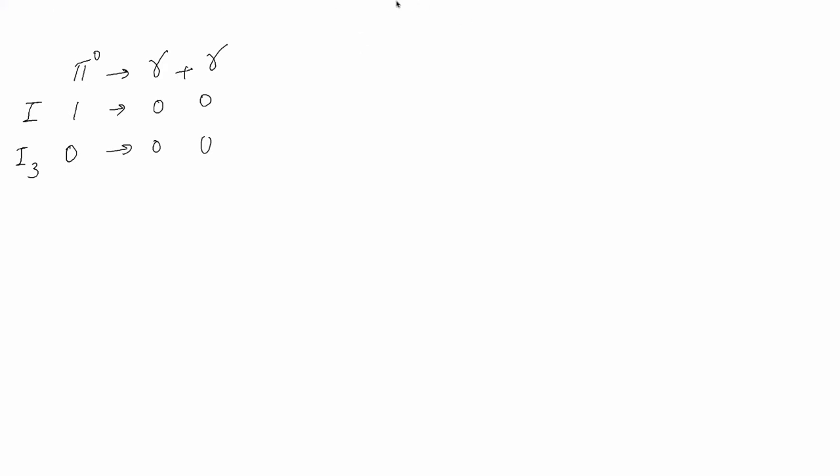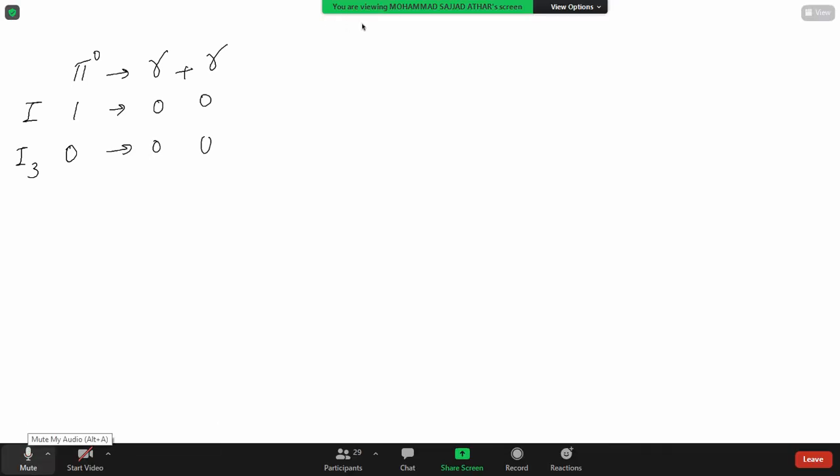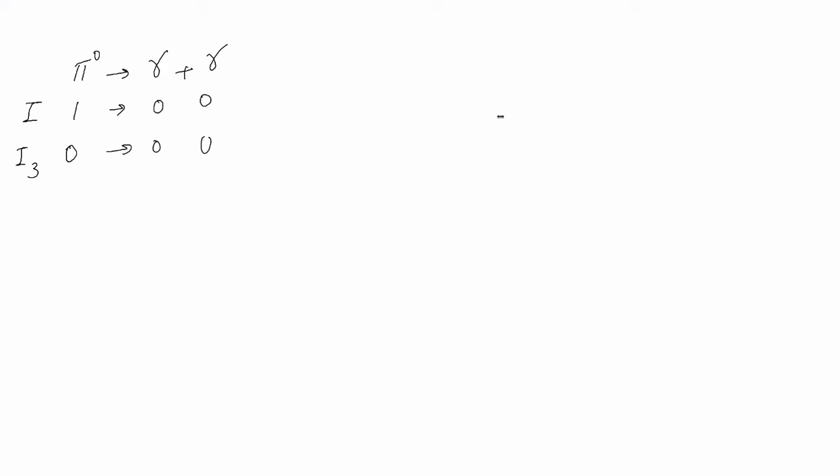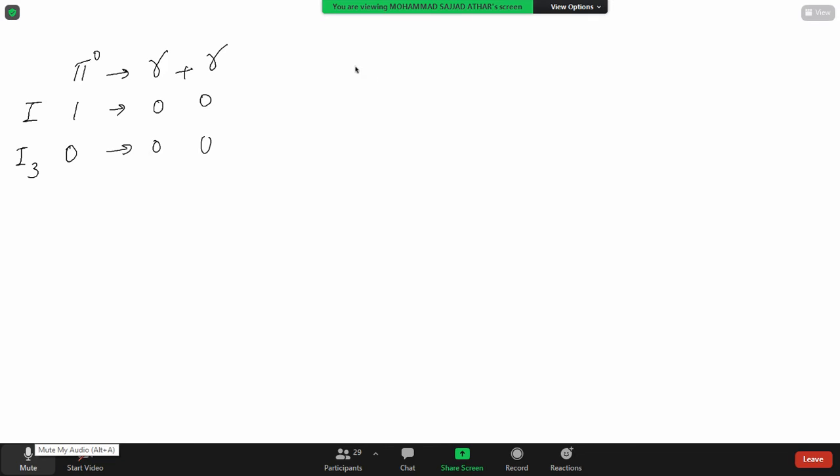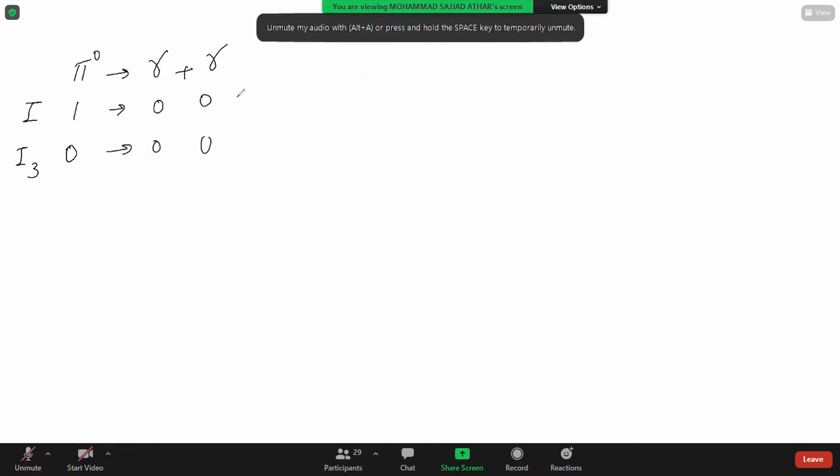Therefore, I is not conserved while I3 is conserved. This is an example of electromagnetic interaction where I is not conserved and I3 is conserved.